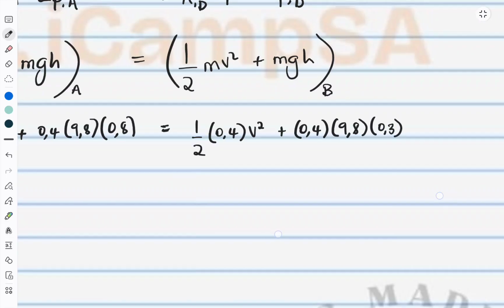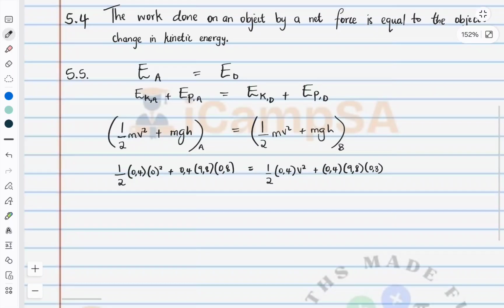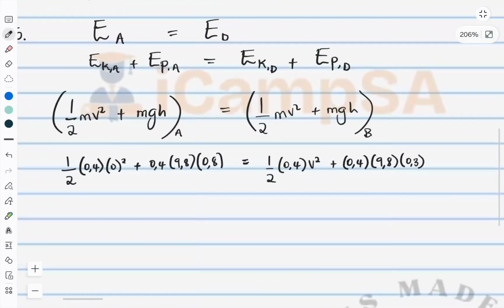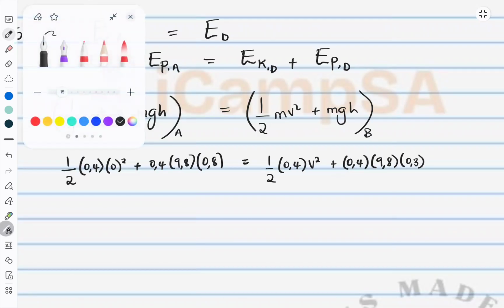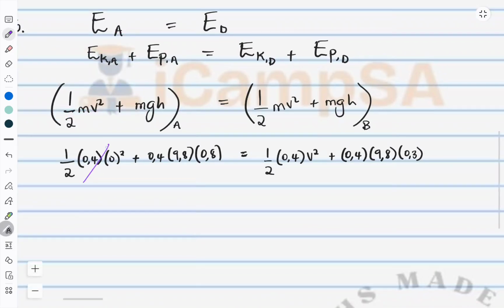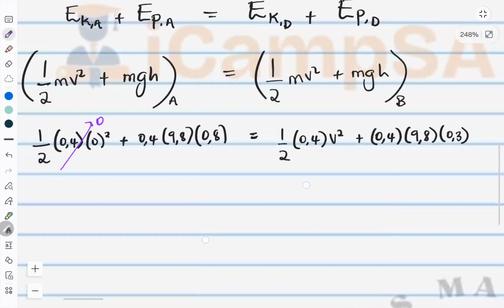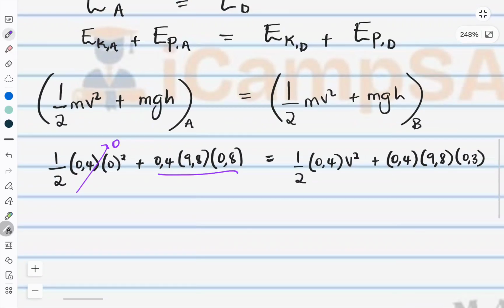Okay, all right. So from here it's just substitution, solving, and transposing, the basic stuff you would do mathematically. So for this one, it'll obviously go to 0. This will go to 0, and then we'll be left with that one.